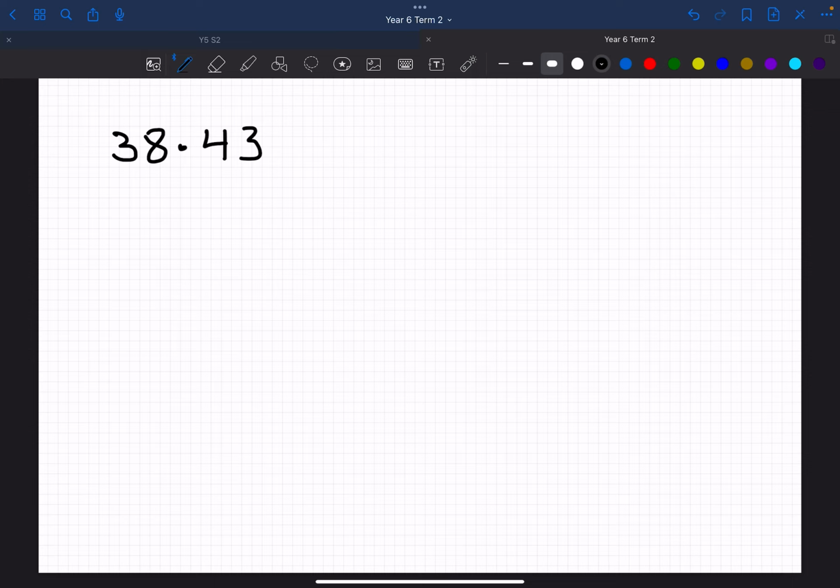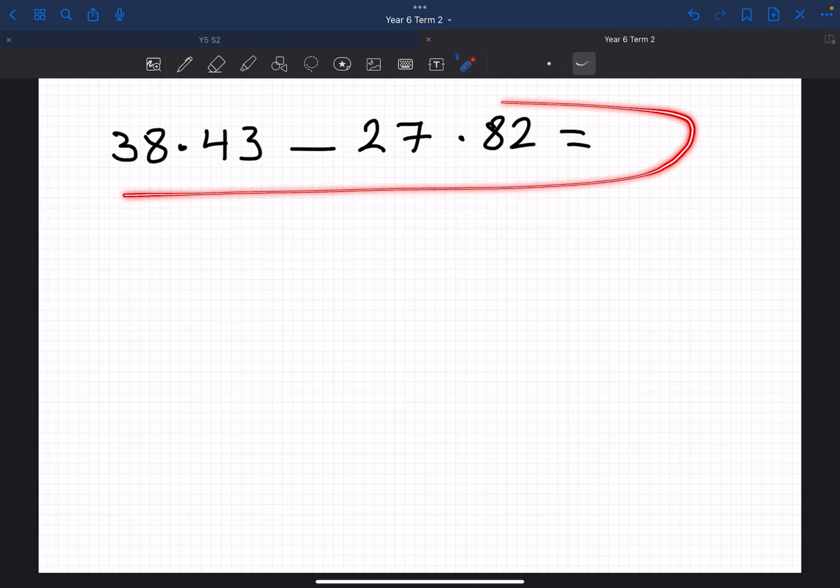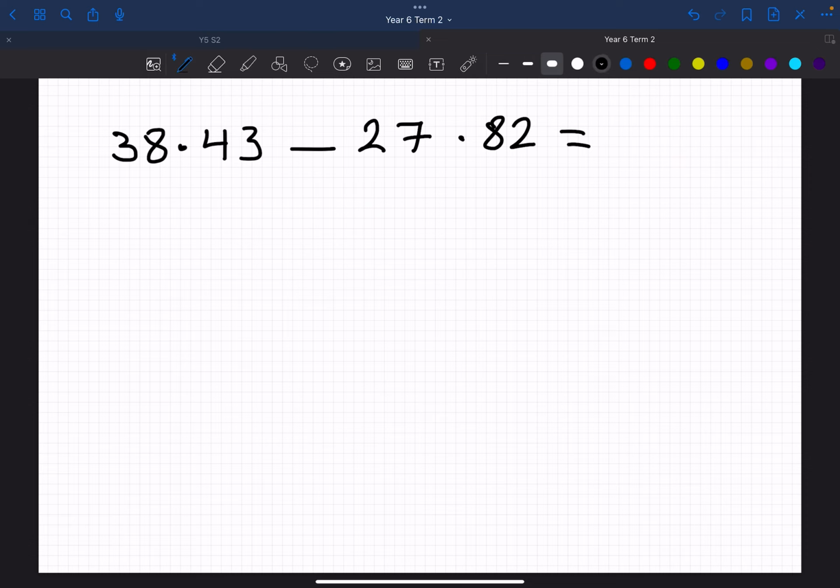So we're going to take this number and subtract 27.82 from it. So 38.43 minus 27.82. This is our expression, our formula. So let's start. Bismillah.